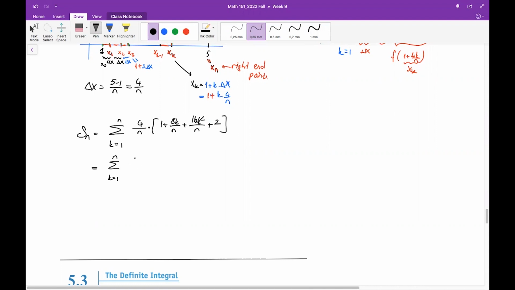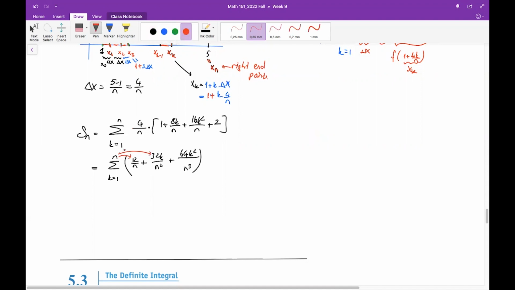Compute it. It is 12 over n plus, if you do this computation, you will obtain 32k over n squared plus 64k squared over n cubed, like that.